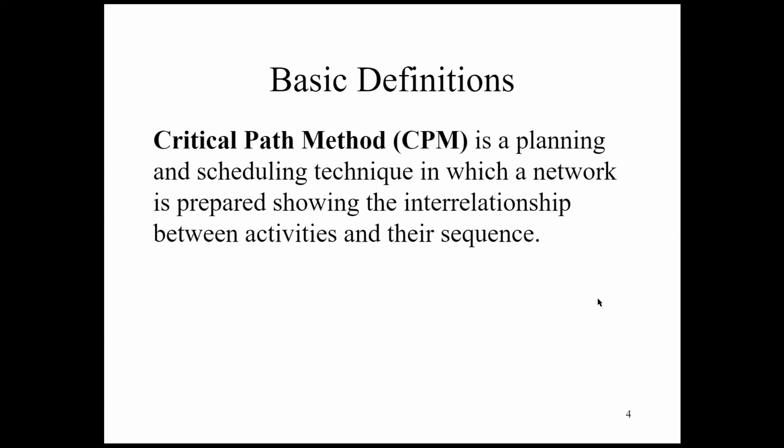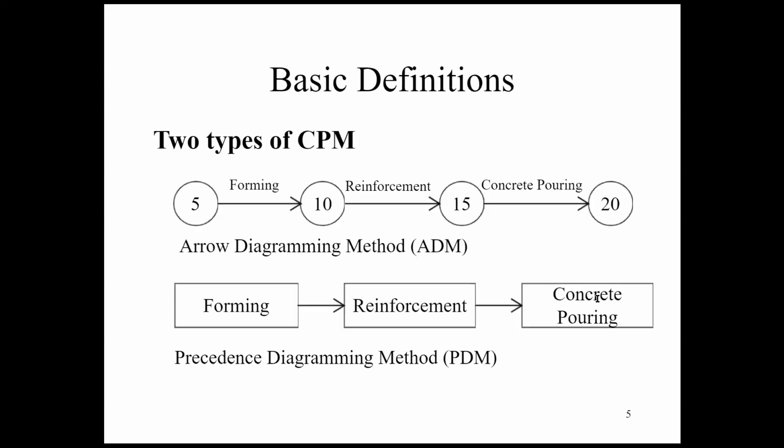Now the important thing for this semester is called critical path method. CPM is a planning and scheduling technique in which a network, the AON or the precedence diagram, properly shows the interrelationship between the activities and the sequence. So we already mapped all those things, and CPM here is more about the calculation.